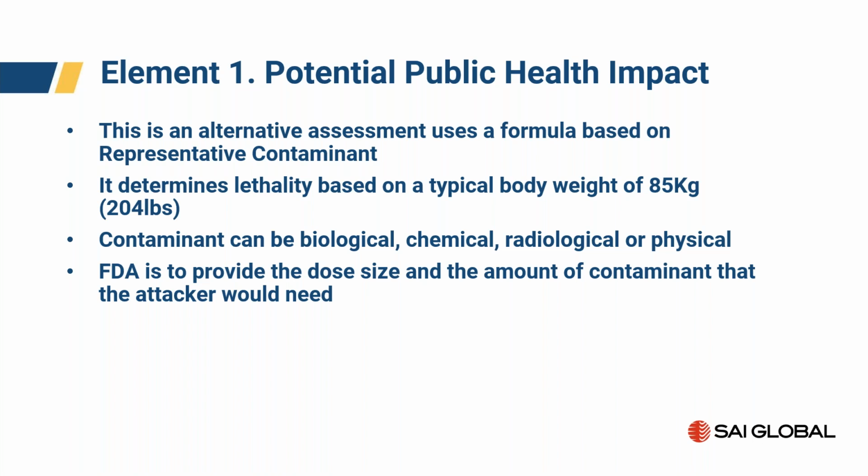How much contaminant would it take in a product for them to eat it at one sitting and then die? And remember, the contaminant could be biological, chemical, radiological, or physical. The FDA won't give you a list of what things a person can add, because then they're telling the attacker, by the way, try this, try this. They will just give you a dose size and the amount of contaminant if you determine that you have a vulnerability and you are talking about a specific harmful contaminant that could be added.